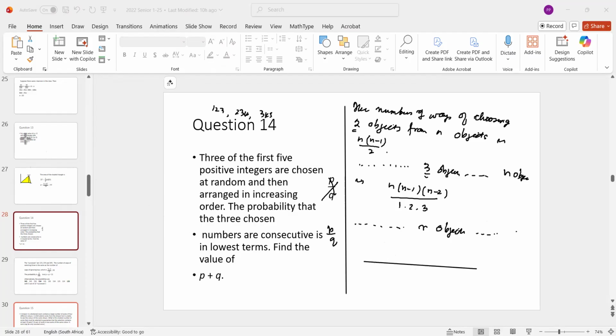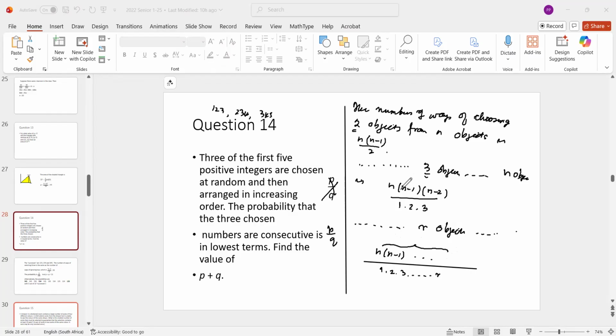The denominator, as in the case of this, is 1 times 2 here. This is 1 times 2 times 3. So at the denominator, we have 1 times 2 times 3, going all the way up to r objects. And at the top, you start from n, and you keep coming down, but you stop as soon as you have r factors.